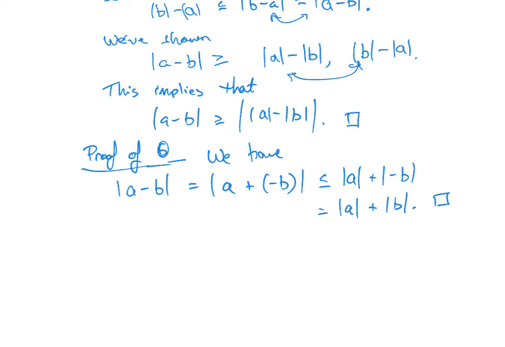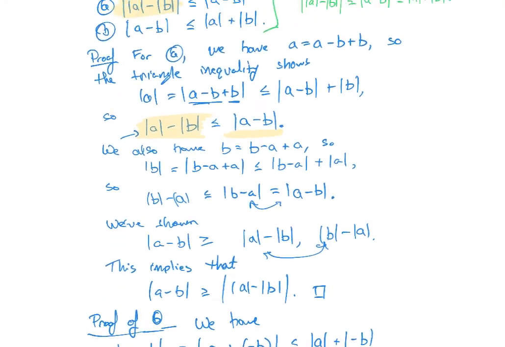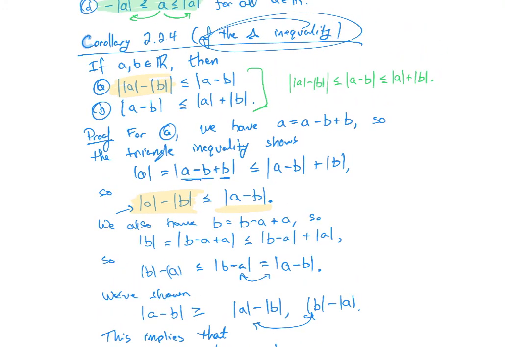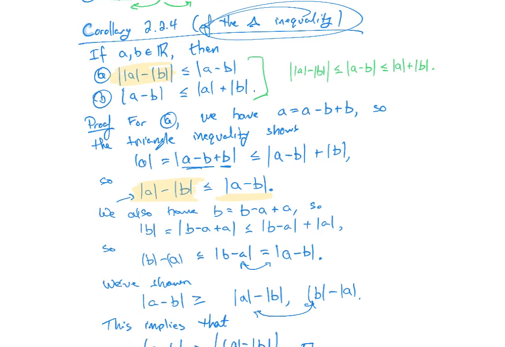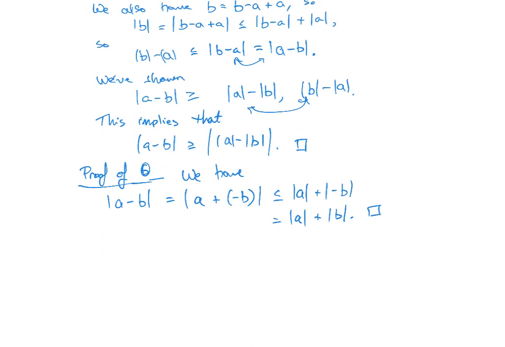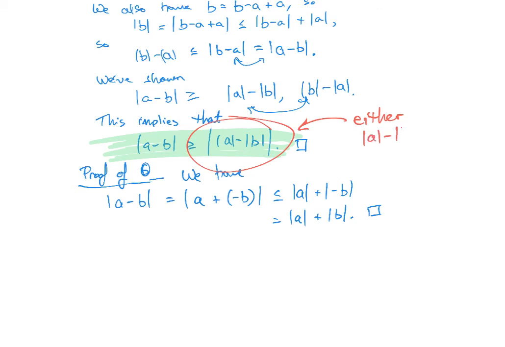Are there any questions on this? Could you explain again the last step of the proof of A? Yeah, this part. Yes. So, the way I think about it at least, there are two possible values of this. This is either this or it's negative.